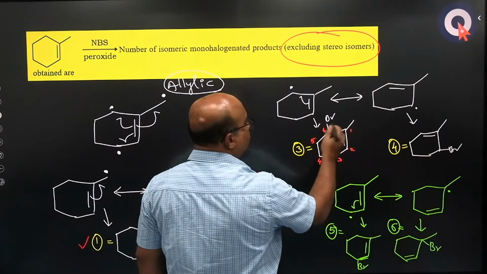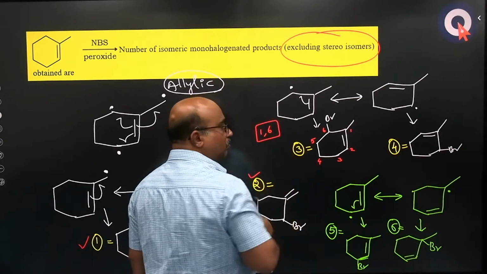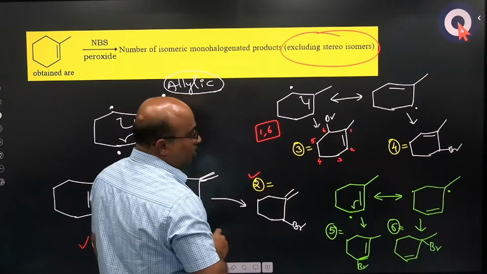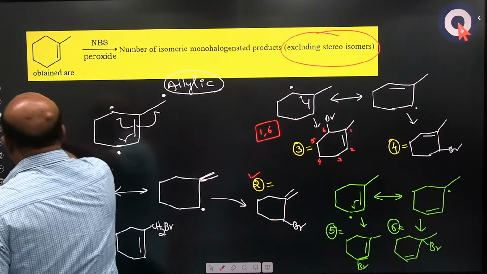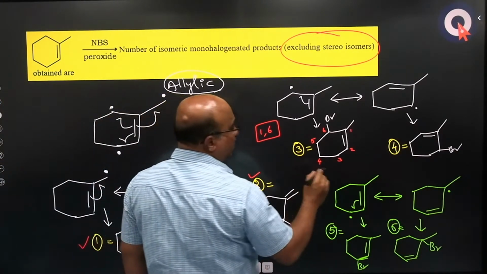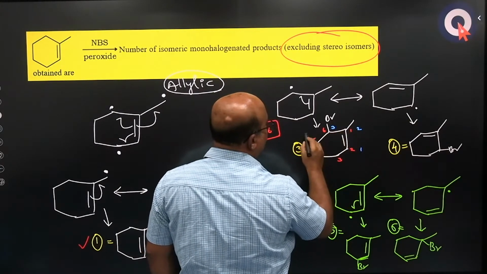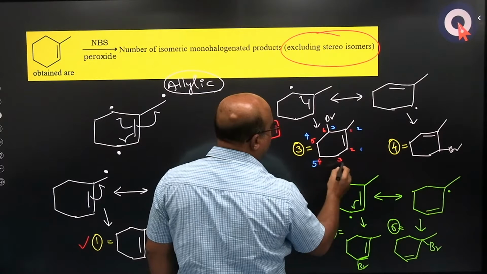What are your substituent positions? 1 and 6. Suppose you number a different way, giving the double bond preference: 1, 2, 3, 4, 5 and 6.